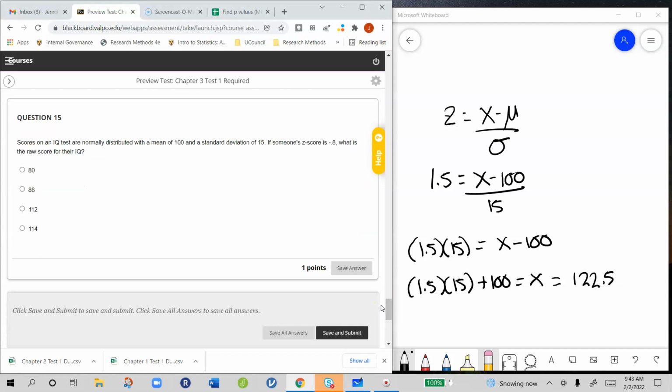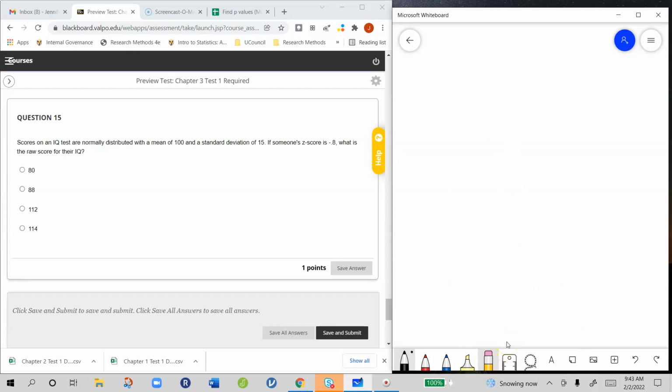All right. Next, a similar one where we're going to solve for the raw score, but now we have a negative value to work with. So our z is equal to the score minus the mean divided by the standard deviation. Our z-score is negative 0.8. We don't know the actual raw score. The mean is 100, and the standard deviation is 15.